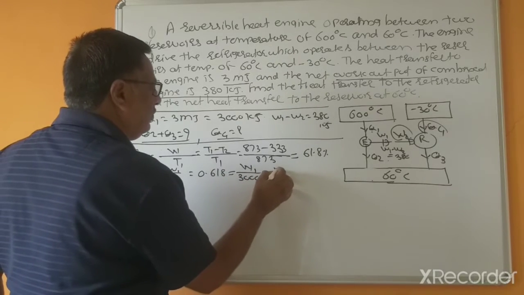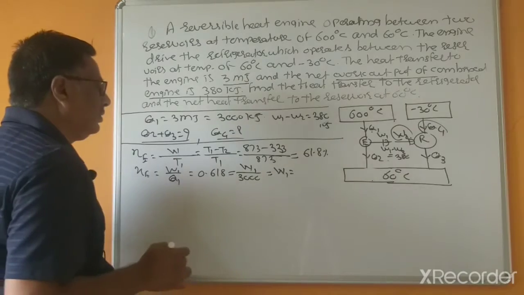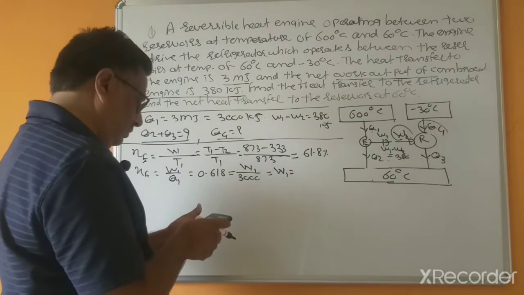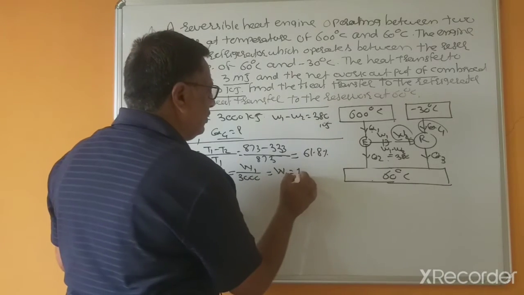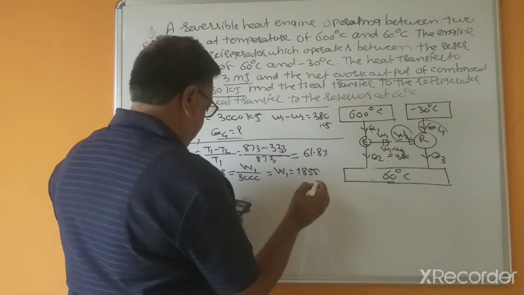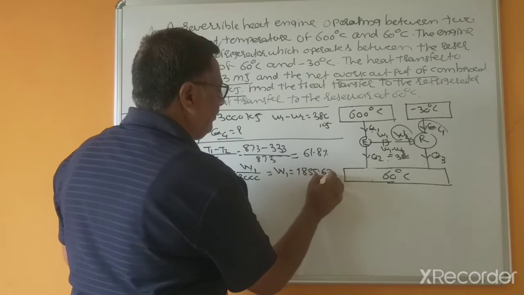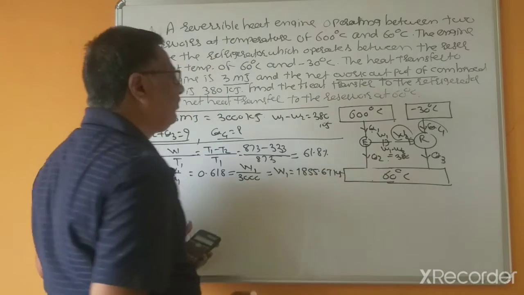That's why W1 equals 0.618 multiplied by 3000, which is 1855.67 kilojoule.